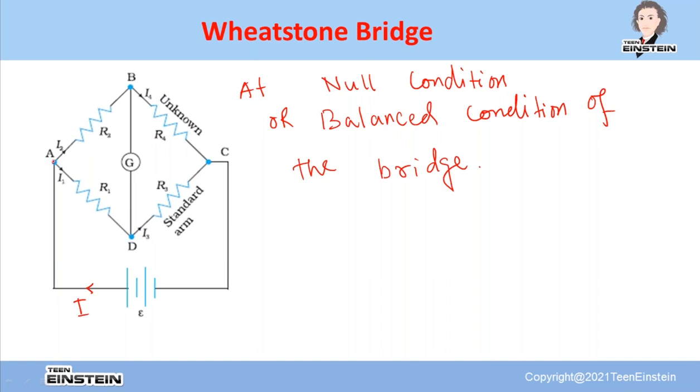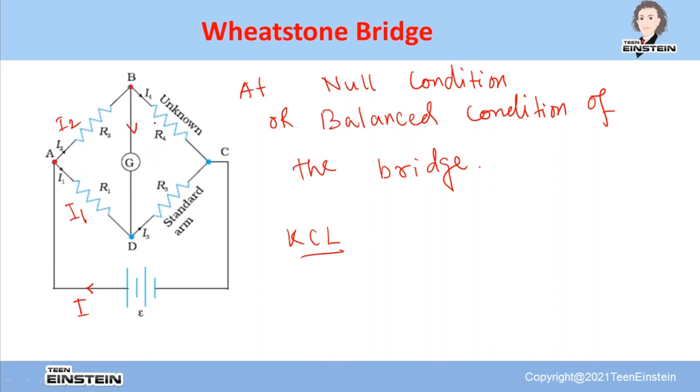Suppose some current I is flowing from the battery up to point A. Now I know KCL, so if I apply KCL at A, the total current will get divided into two: through the first arm it is I1, and through the second arm it is I2.